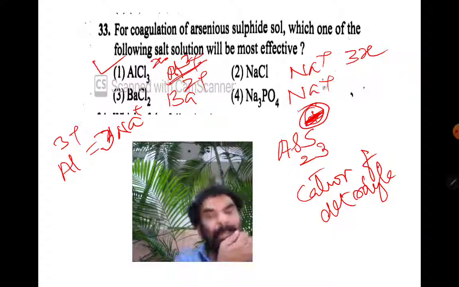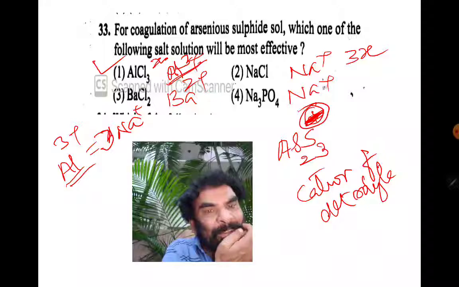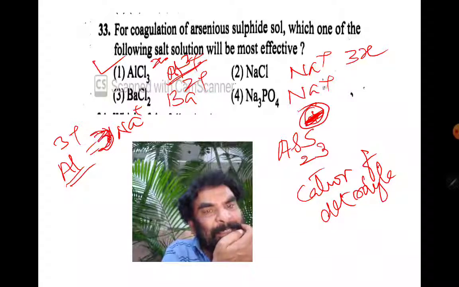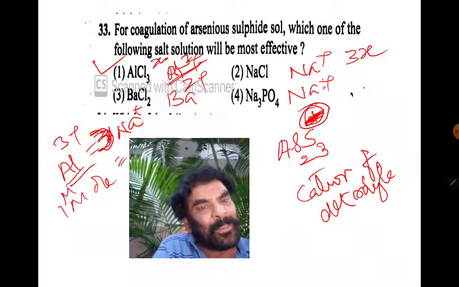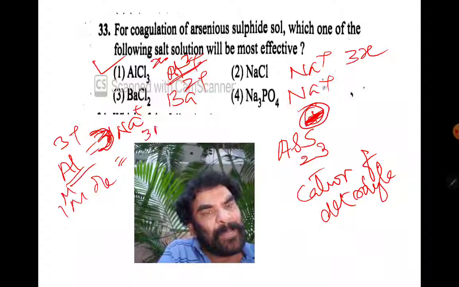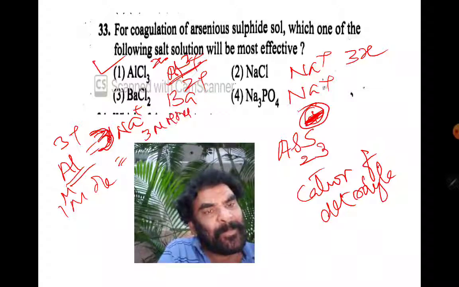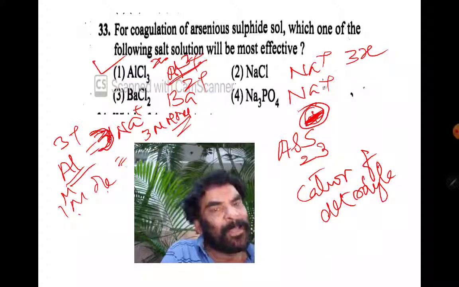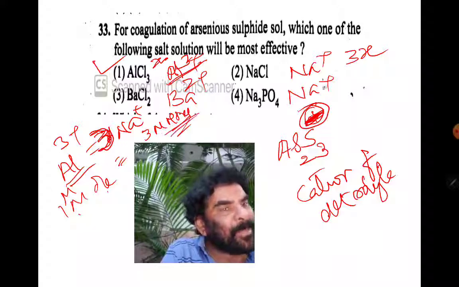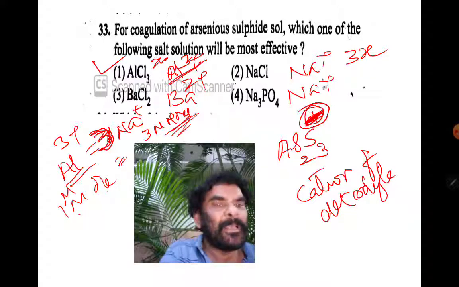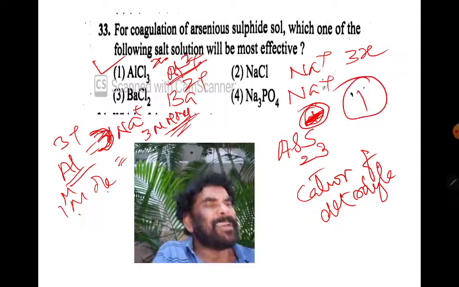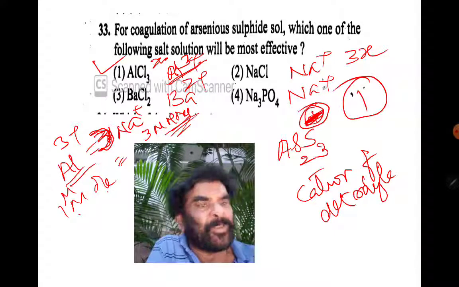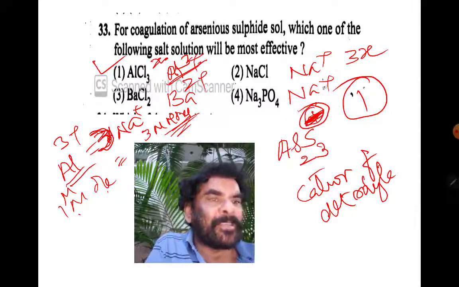The effect caused by 1 aluminum ion is equal to the effect caused by 3 sodium ions. The charge carried by 1 millimole is equal to the charge carried by 3 millimoles of the other. So the first one is correct. This is almost a repetition of something we already discussed.